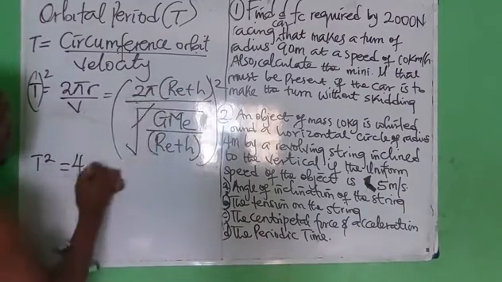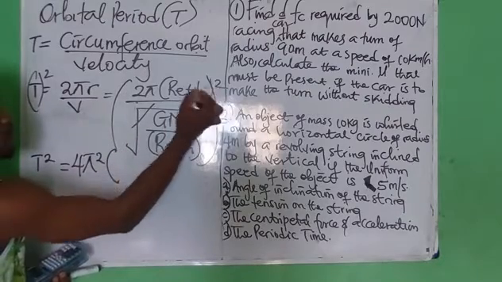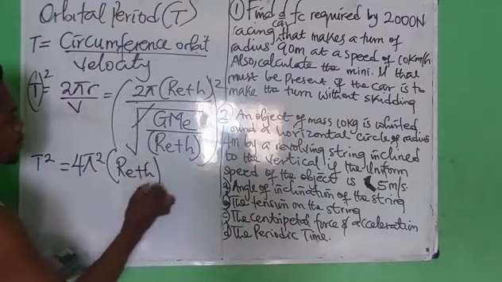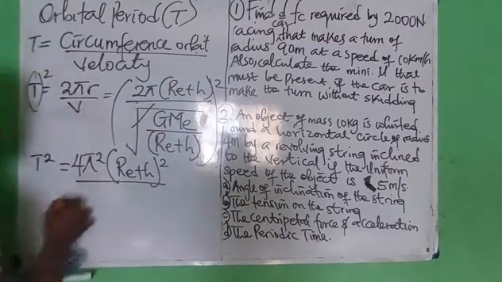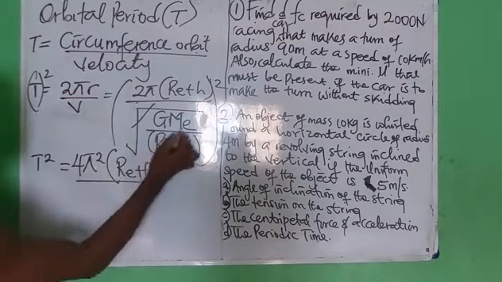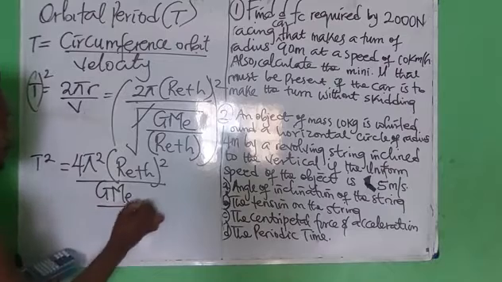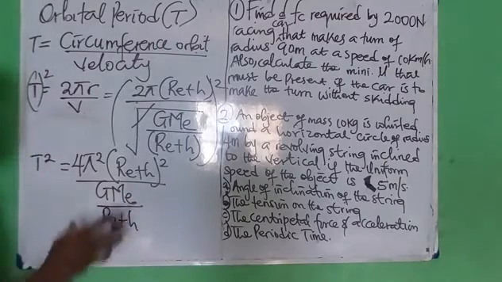Then 2 times pi, I have pi squared, open brackets, and of course these two also affect everything, so it becomes RE plus H all squared. Then over G M E over RE plus H. That is what we have.